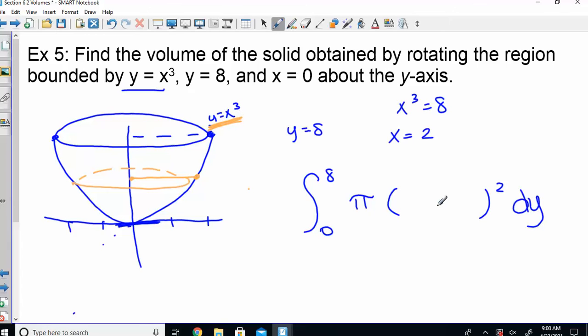But can I put x cubed in here? No. So what am I going to put in there? If you solve this for x, you would add a cube root. So we are putting in the cube root of y, because everything had to be in terms of y here.